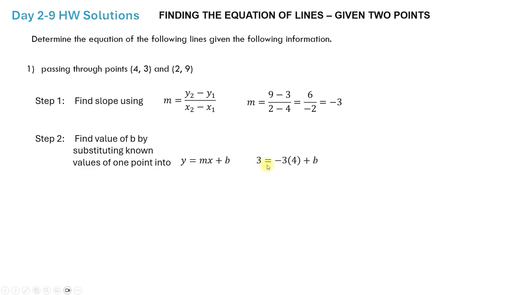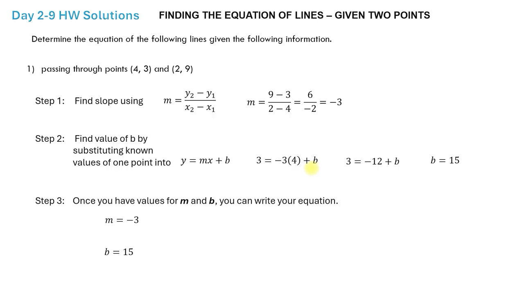This is the y value, this is the slope, this is the x value, and we'll solve for b. 3 equals negative 12 plus b, which eventually leads to a value of 15 for b. We know b, we know the slope, we can write our equation.